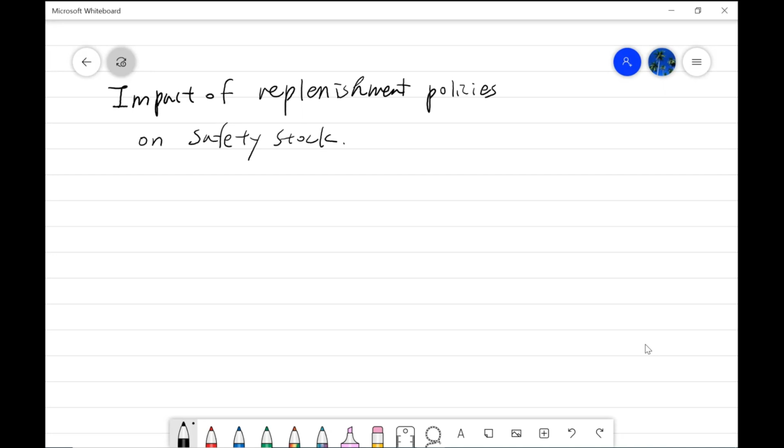Probably you already remember the difference between the continuous review system and periodic review system. This is just two types of inventory control system. We classify any inventory control system into these two different types in terms of how we watch over the inventory as time goes on. Basically, under the continuous review system, we keep watching the inventory as time goes on.